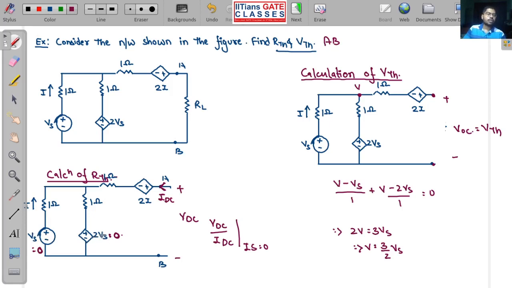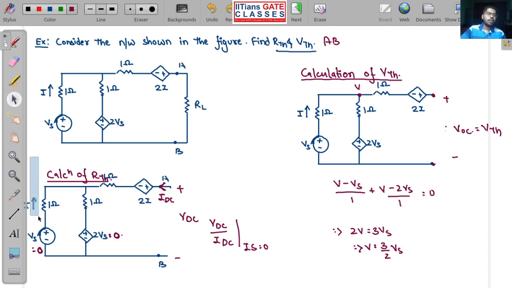Suppose instead of 2 Vs this was 2I, where I is this branch current, then this wouldn't have been 0, because we don't know what I is. But here, as this voltage controlled voltage source depends on the independent voltage source, and for calculation of RTH we short the voltage source, this is 0. Now we have to calculate this ratio of VDC by IDC.